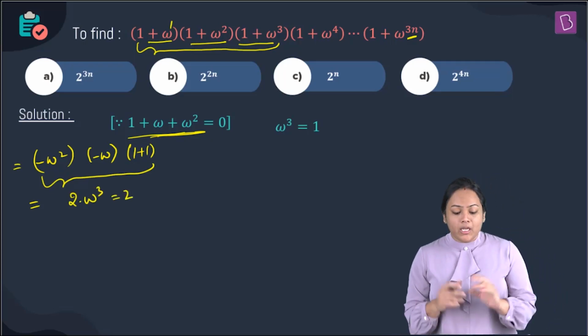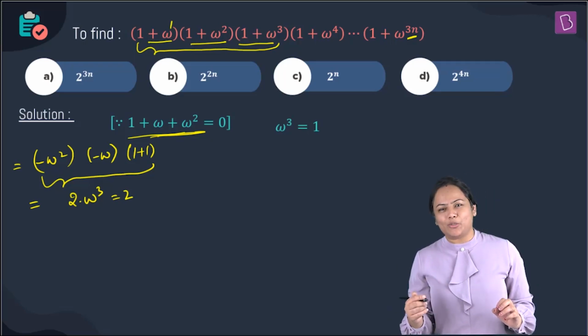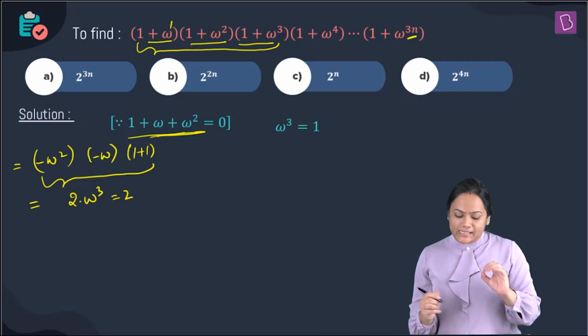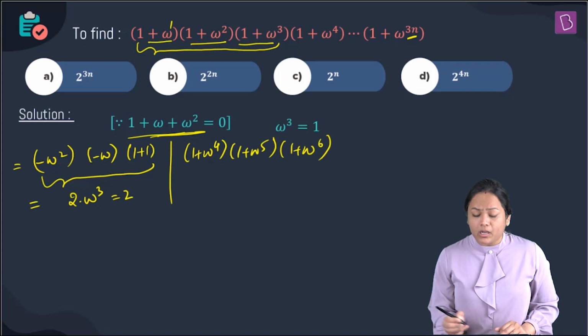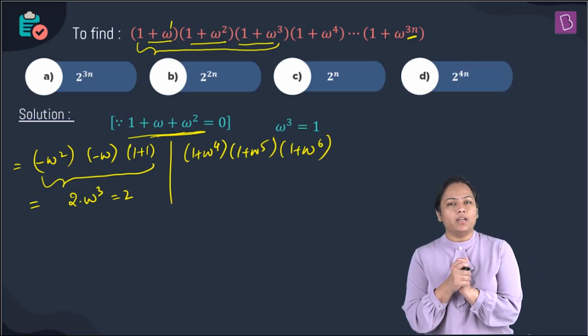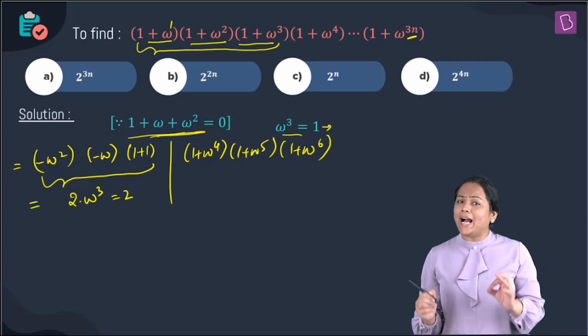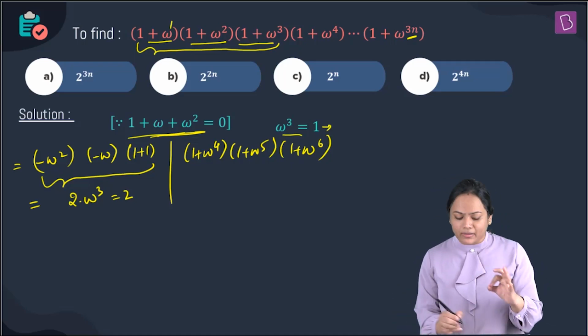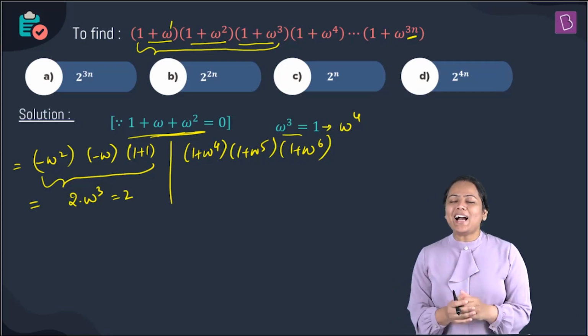Clear? Okay. Now let's see the second group also, because I know some pattern has to be there. If I write the second group, my first term will be 1 plus omega raised to 4, the second term is 1 plus omega raised to 5, and the third is 1 plus omega raised to 6. Now, if omega cube is 1, guys, quickly tell me what is the value of omega raised to 4? Omega, that's right.